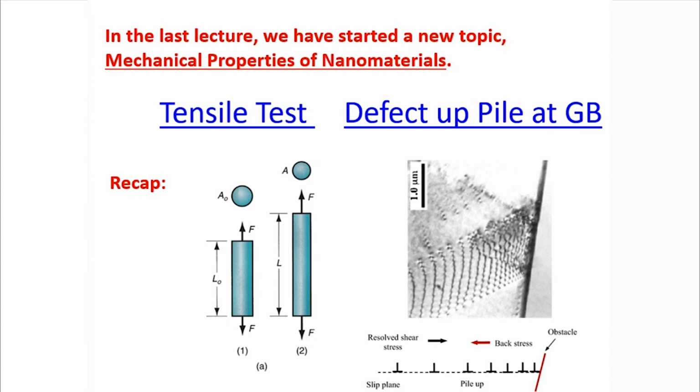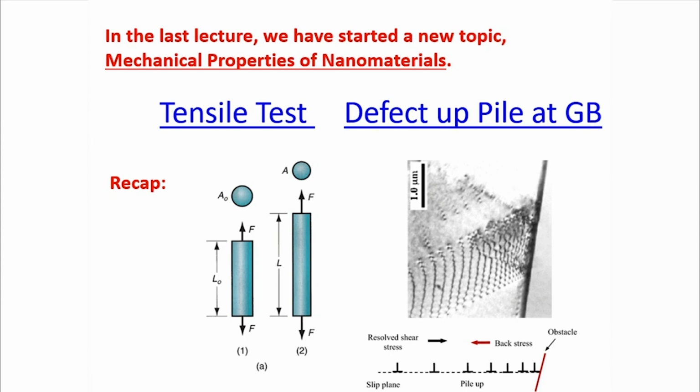So to give you some recap of the last lecture, we discussed some basic aspects of mechanical behavior, right? Mostly on tensile test. How tensile test is to be conducted, what are the different sample specifications, and the different other techniques which can augment the tensile test, like hardness tests.